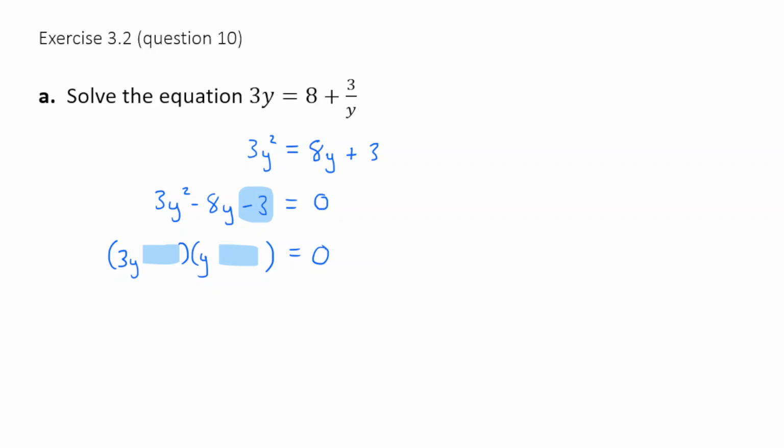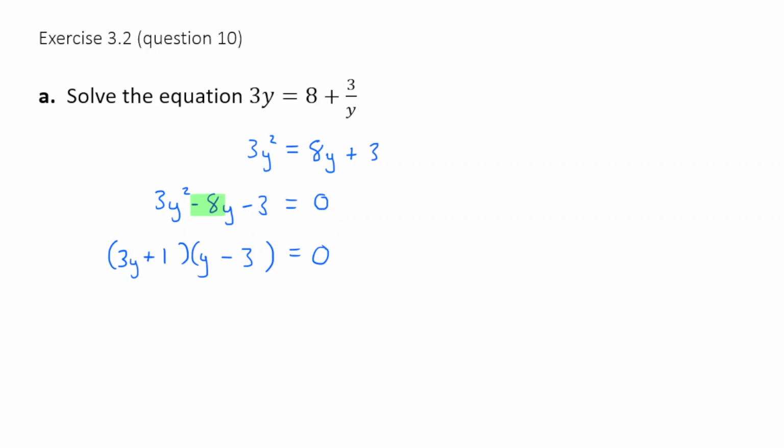And so there are only two alternatives that we can have. We can either have plus 1 and minus 3, or minus 1 and plus 3. And what we find out, if we do a bit of playing around, is that if we put minus 3 here and plus 1 here, not only do those multiply together to give minus 3, but they will also give us the minus 8y term. Why is that?